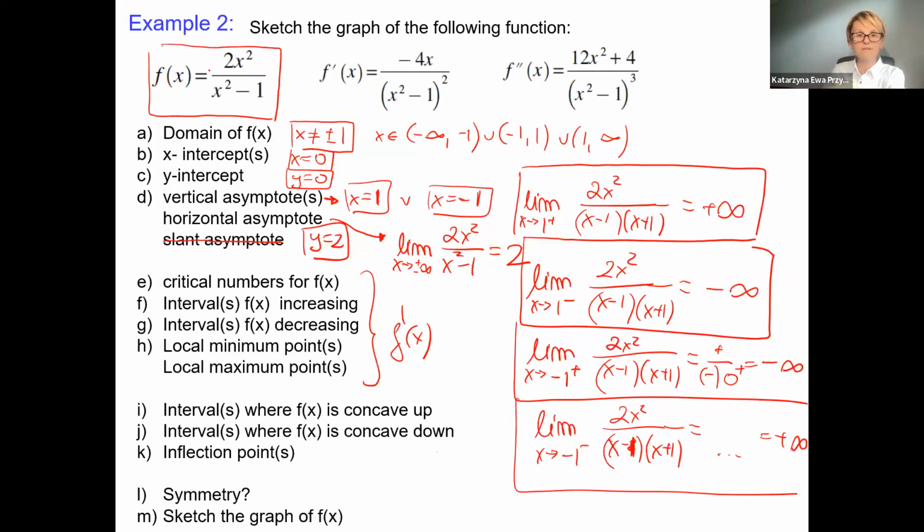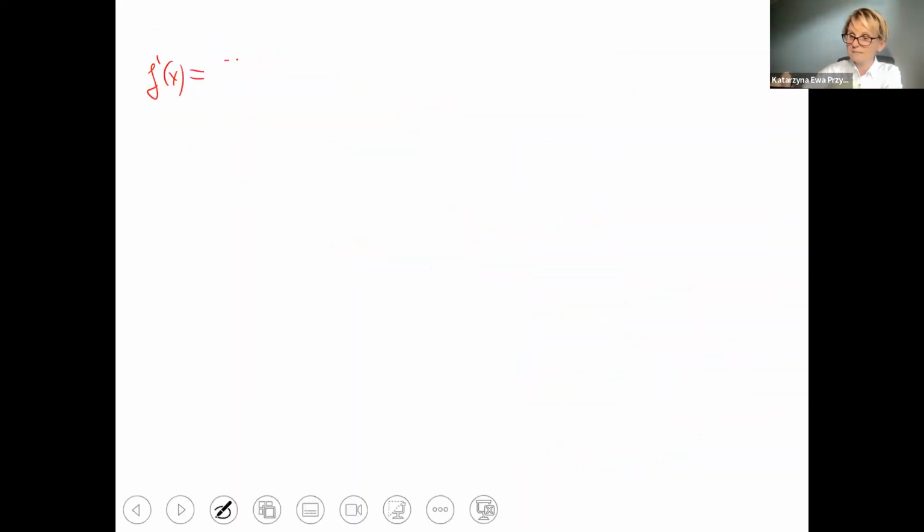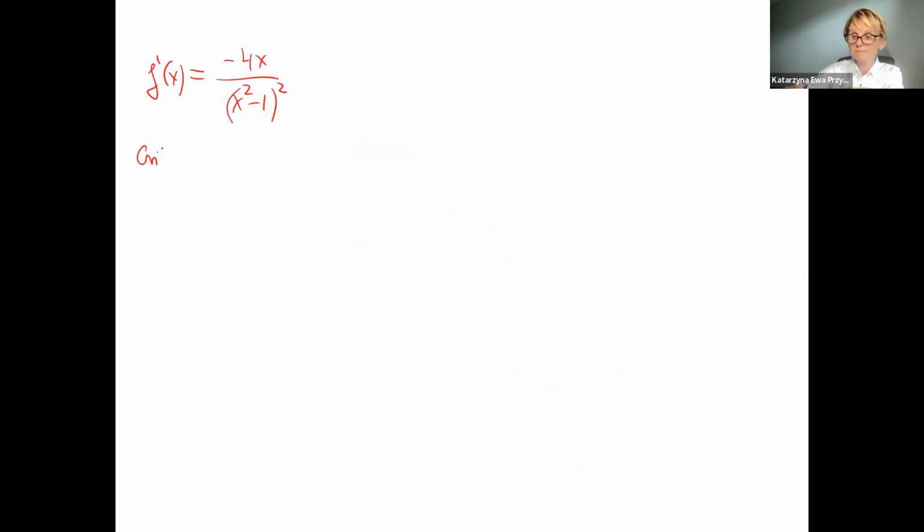What was the first derivative? Negative 4x over x squared minus 1, squared. Okay, critical numbers: x equals, denominator 0 and numerator 0. This gives 0, and 1 and negative 1, but 1 and negative 1 are not in the domain.